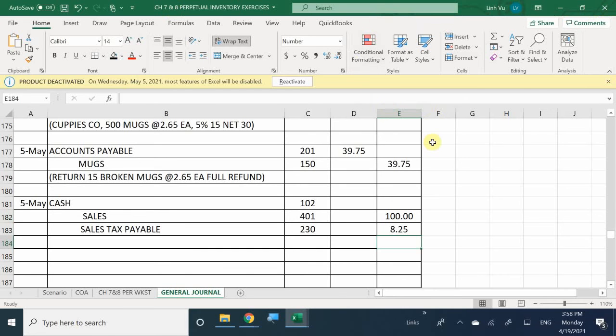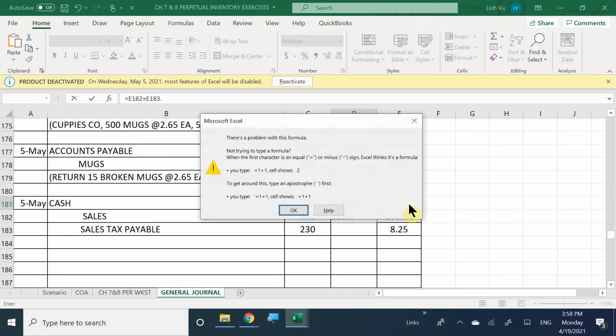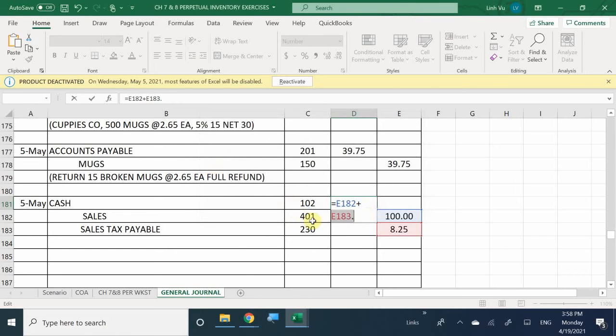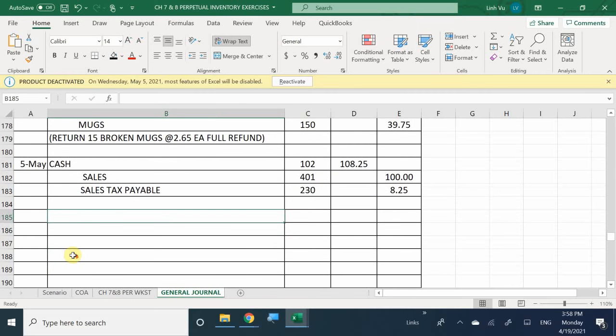So how much cash am I going to be receiving for this sale? 108.25. Okay.